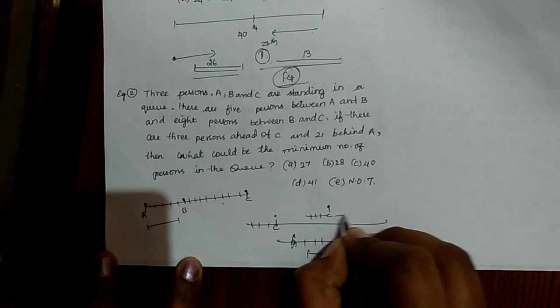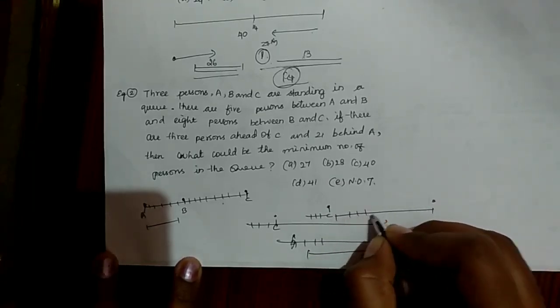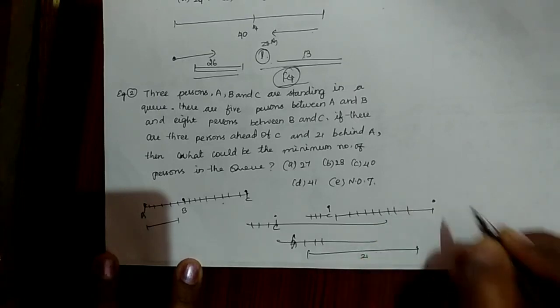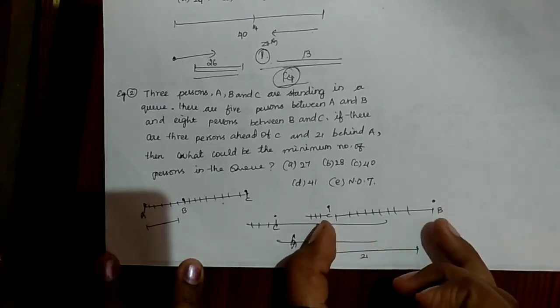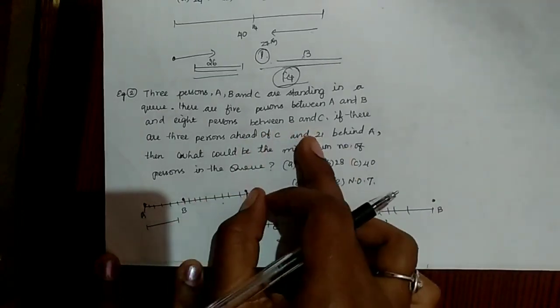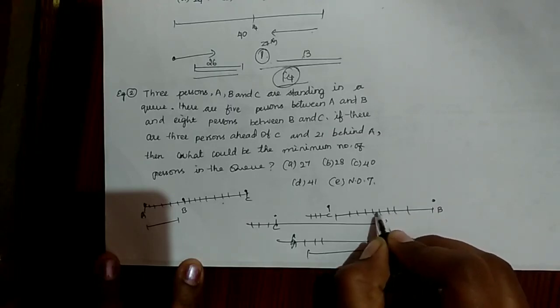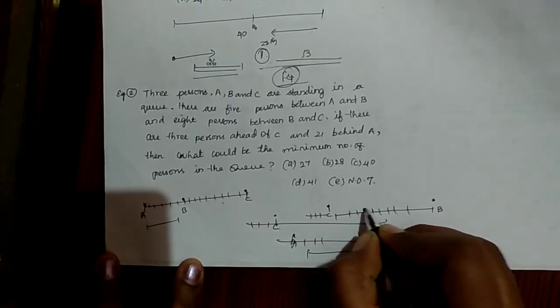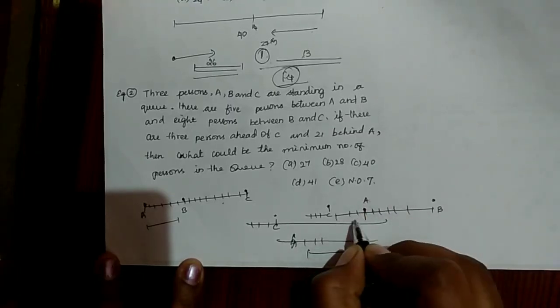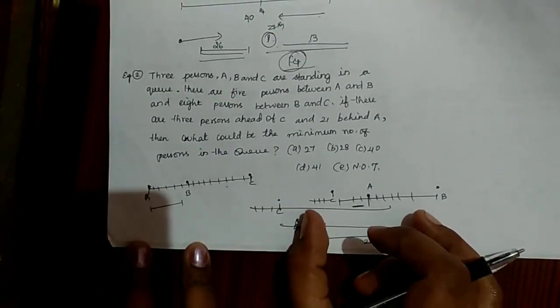Between B and C there should be a count of 8, and between A and B there should be 5. So let A be here. Are you clear with this concept?